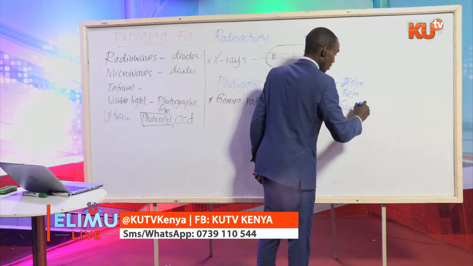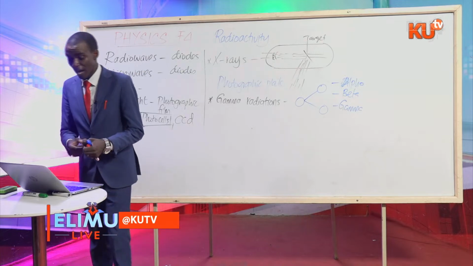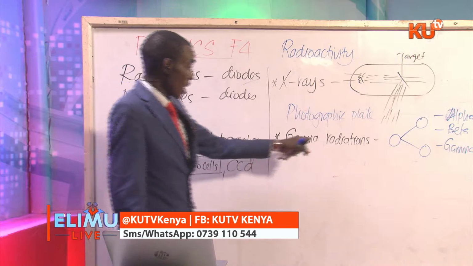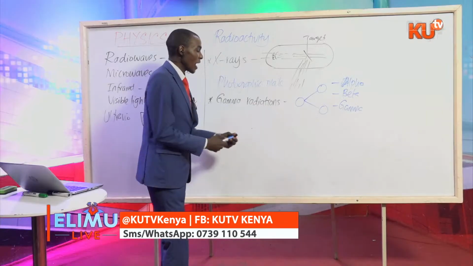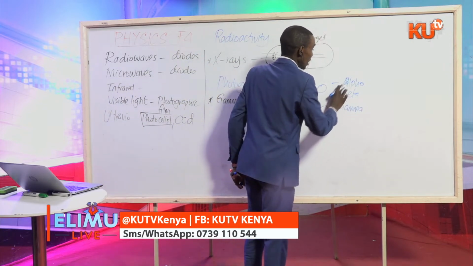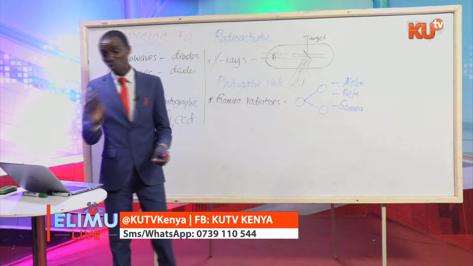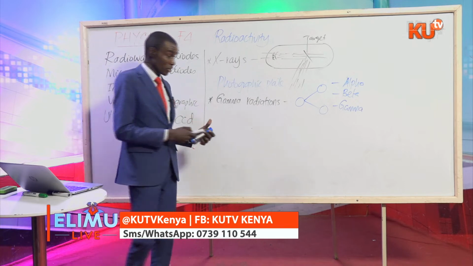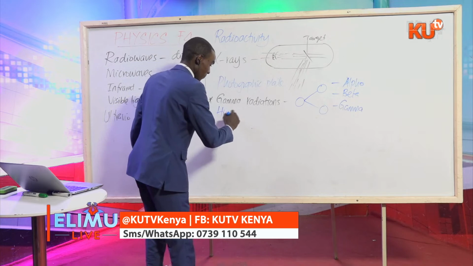So gamma radiation is a form of energy which is in very, very high quantities that is produced by radioactive particles at a very high frequency and possessing very high energy. And just to give you a very real example, if you are a student of history and government, you know what happened in Hiroshima and Nagasaki.